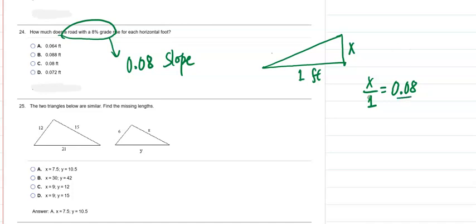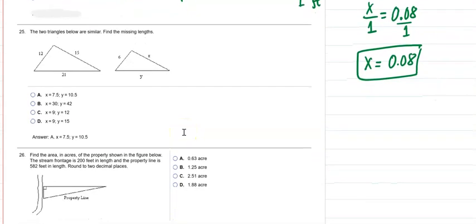So if you cross multiply, x times 1 is x, equals 1 times 0.08, which is 0.08. So for each foot horizontal rise, the vertical rise must be 0.08. That's the C.